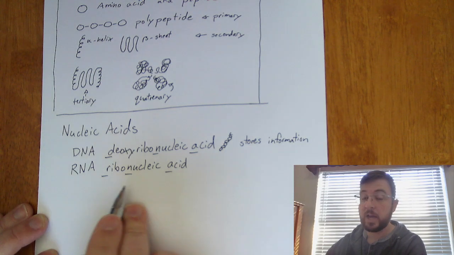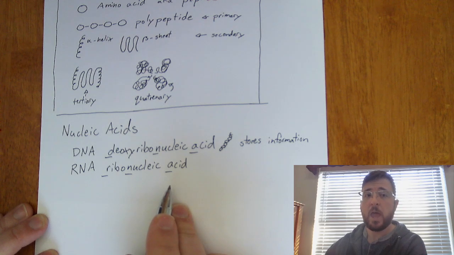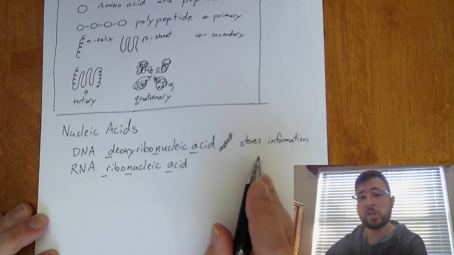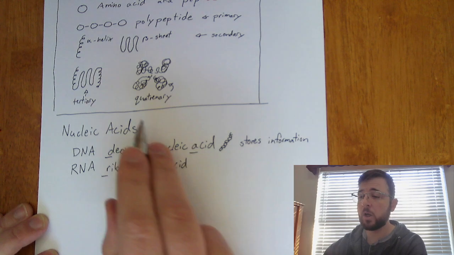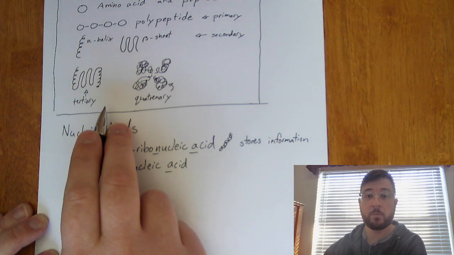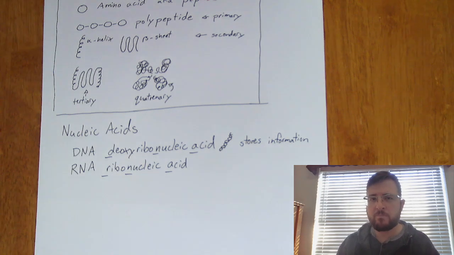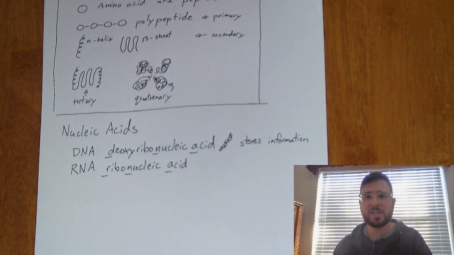Ribonucleic acids have lots of different functions where they aid DNA in taking this stored information and using it to make all of these different proteins that we were talking about before. Cells need some way of remembering how to make these complex structures, and nucleic acids allow that to happen.